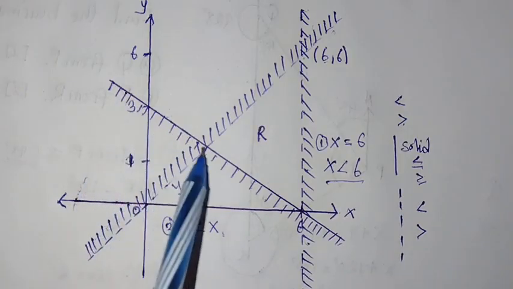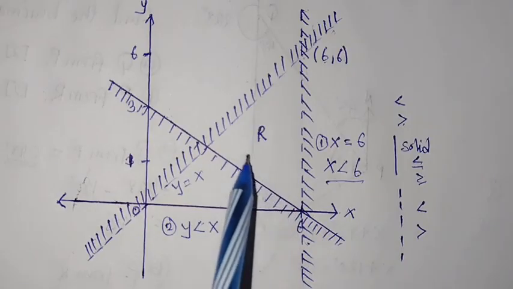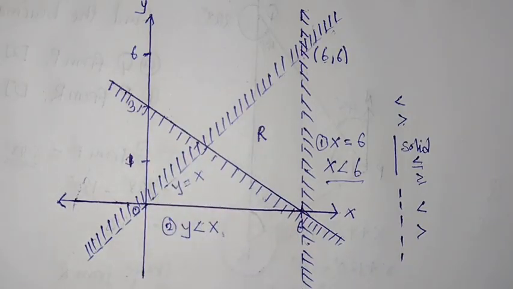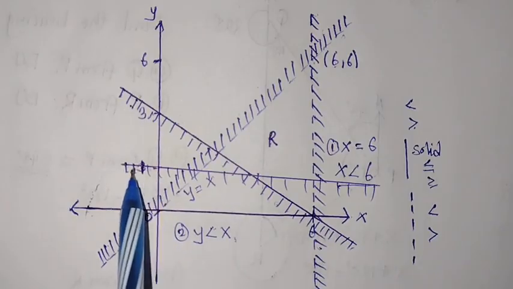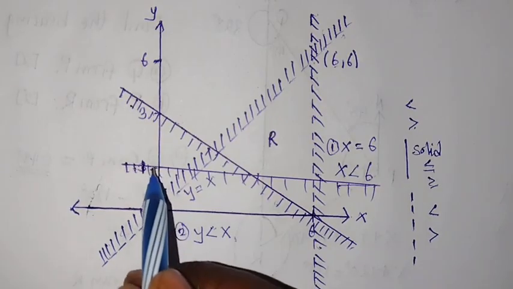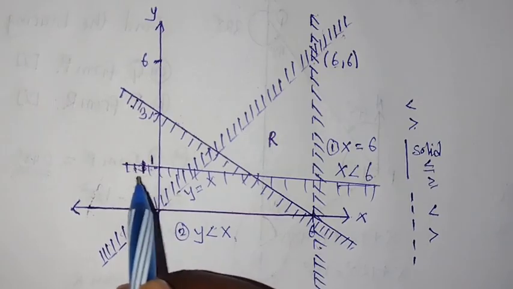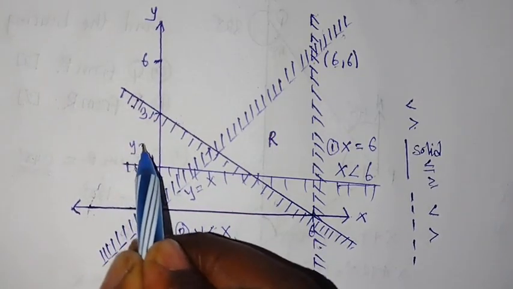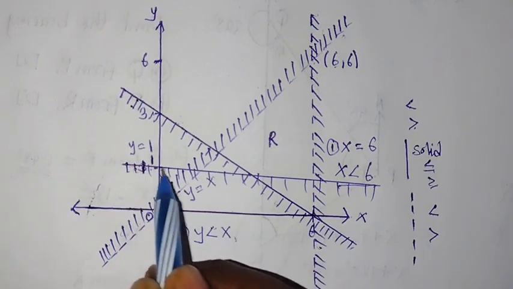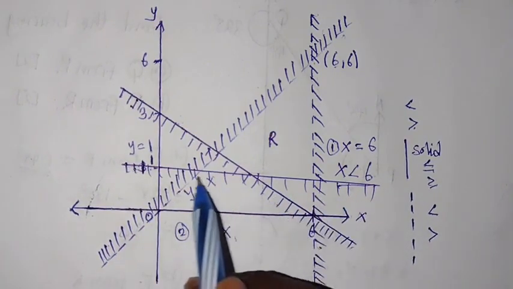Okay, so we are remaining with this one. Before we come to this one, there is another line here which is passing through 1. Here there is a 1 on the y-axis. So this line is passing through y is equal to 1, this one right here. And what type of line is it? It's a solid line.